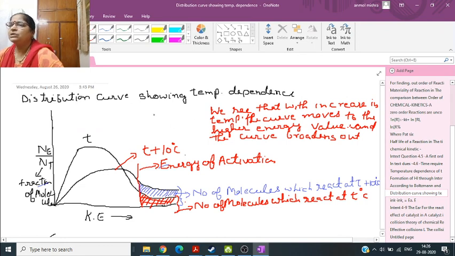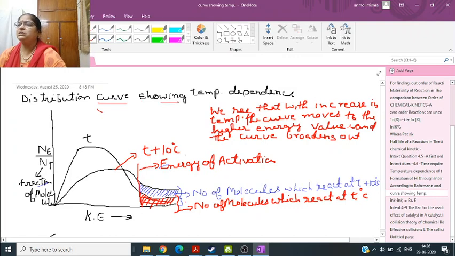Now, the distribution curve showing temperature dependence. Again we plot a graph between the fraction of molecules and kinetic energy.